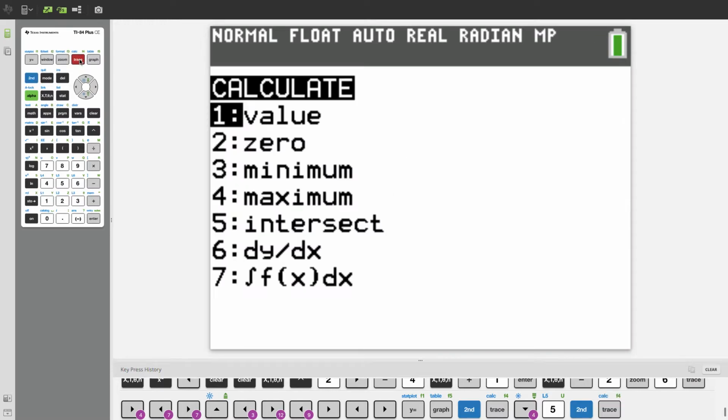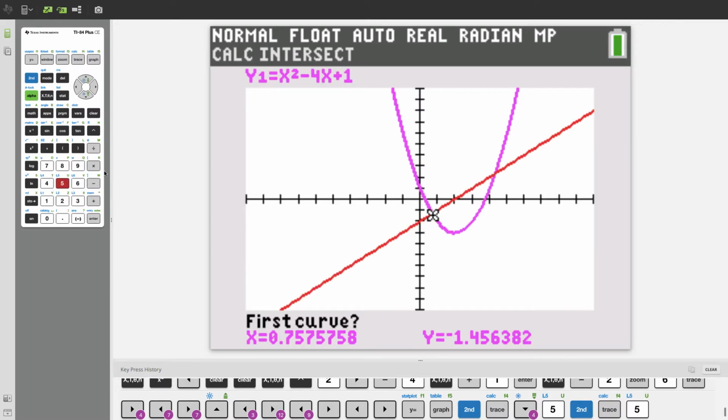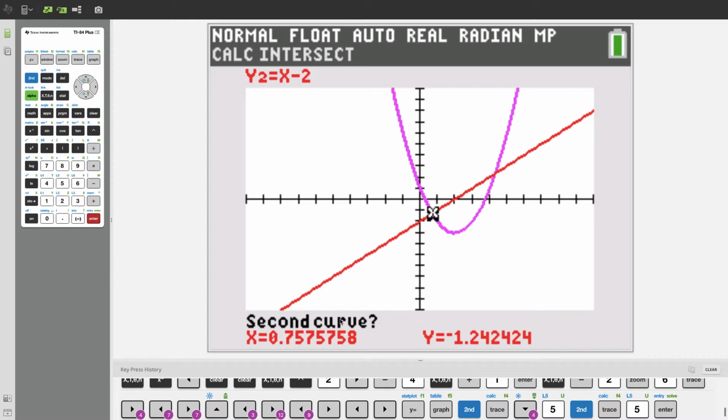It should come up with an equation in the top left, and it says first curve on the bottom. Just push enter. Now what happened? It said second curve on the bottom, and did it move you to the second curve? Yes. So hit enter.